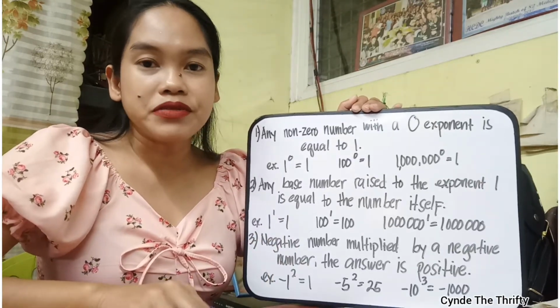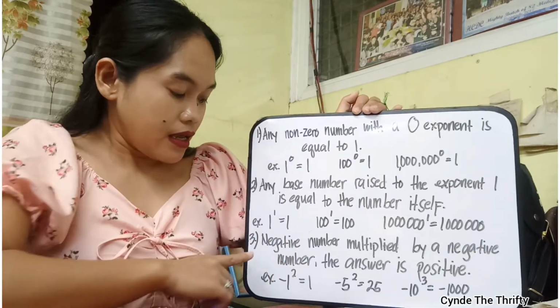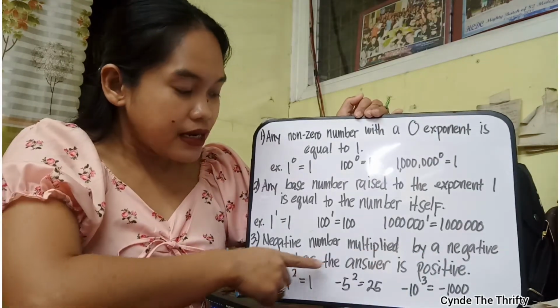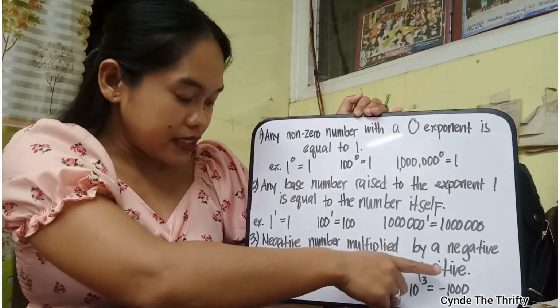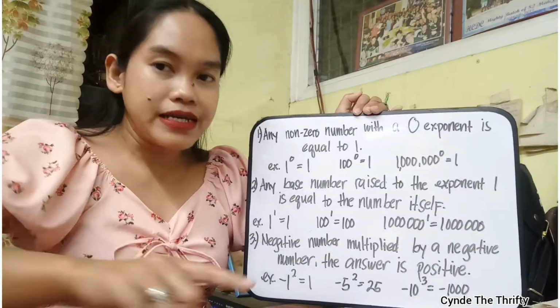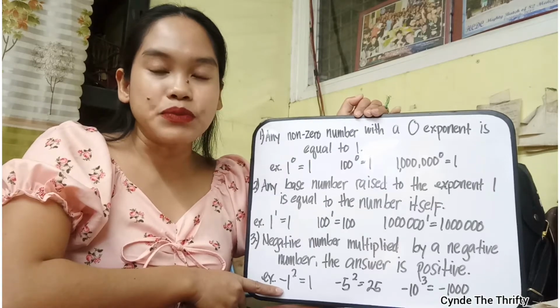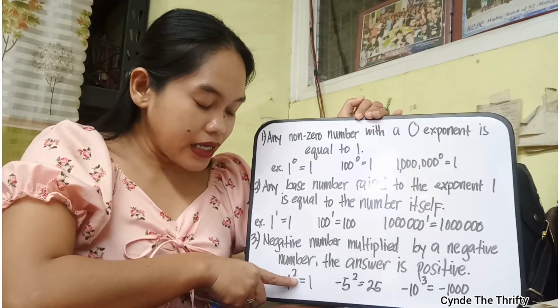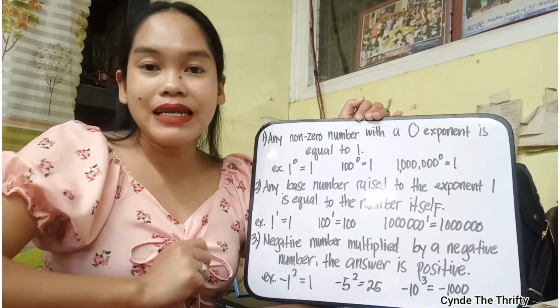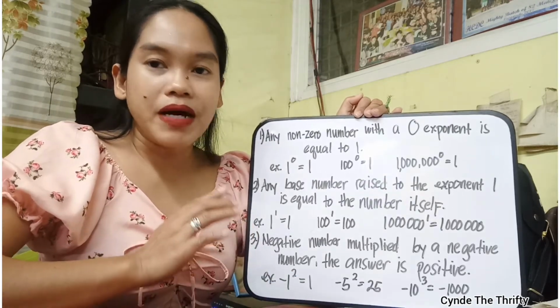Now, let's go to number 3. So, medyo tricky itong number 3. Negative number multiplied by a negative number, the answer is positive. So, kung negative yung base mo, and kapag ang iyong exponent is 2 or squared, ibig sabihin, ang iyong sagot is magiging positive.